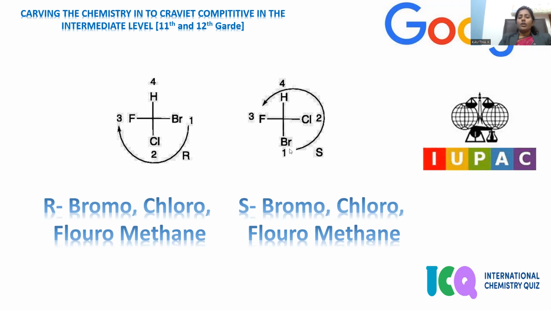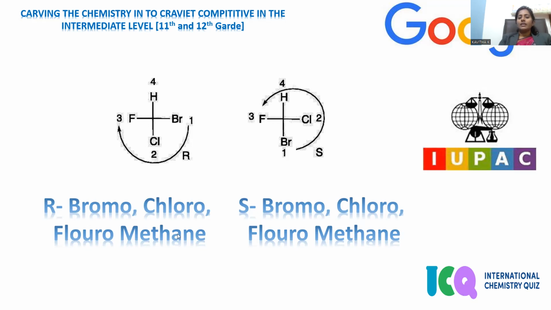Whenever you start numbering from bromo, 1, 2, 3, 4, there is an ambiguity in moving, so the only thing we have to do is 1 to 2, 2 to 3. Moving like this, it looks like a counterclockwise, nothing but anti-clockwise rotation. Anti-clockwise rotation is designated as S configuration, right? So this is about RS configuration.